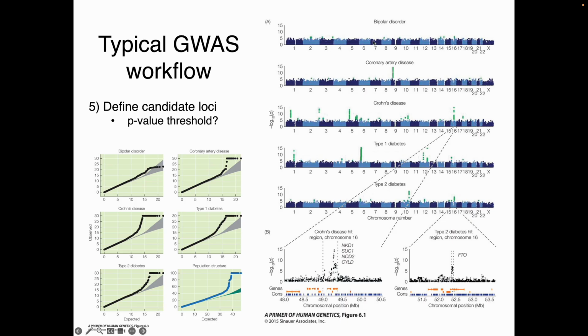You'd have to really zoom in to see there are a couple green dots that are barely above the background. But then for some of them, right, the Crohn's disease, coronary artery, where you get really strong peaks, there is a strong association in some regions. And so these are just kind of zoomed in.